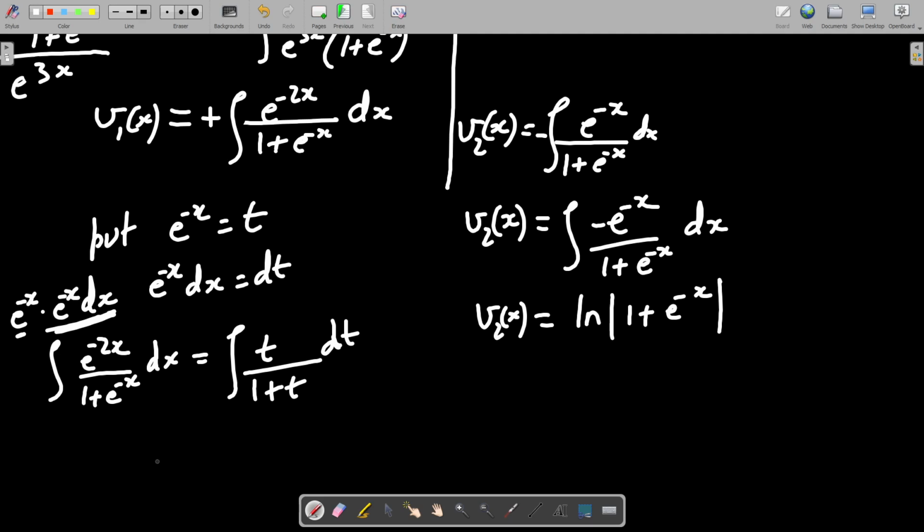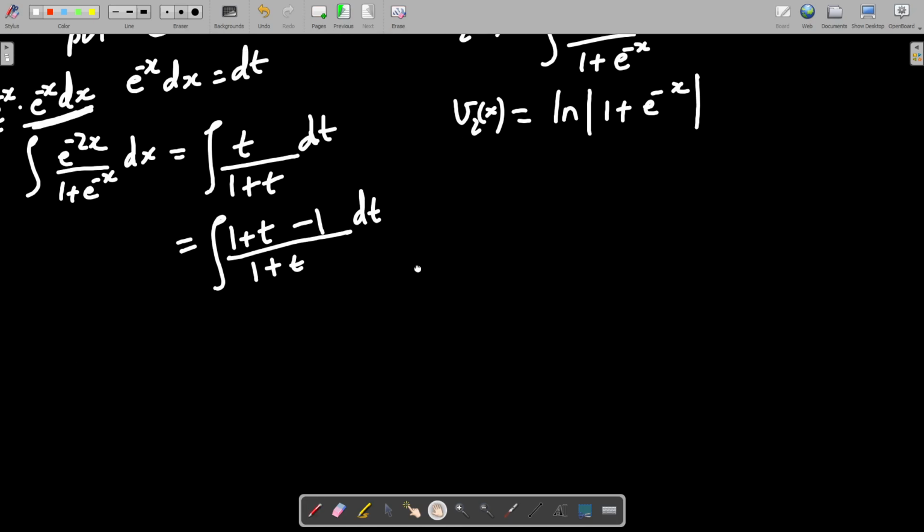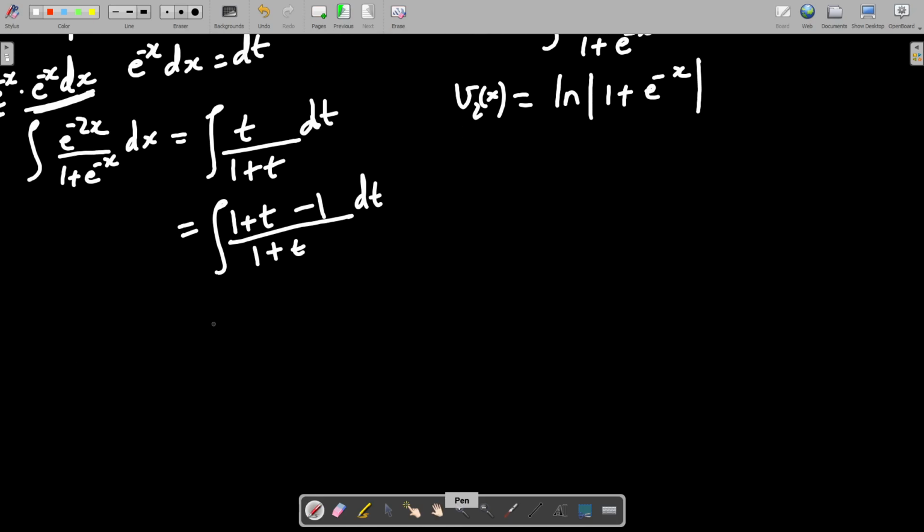Now do you all know how to solve this integral at least? Yeah, no, this we know. This is not a problem. What I'll do here, I'll add a 1 and I'll subtract 1. Okay, so this will leave me with one.